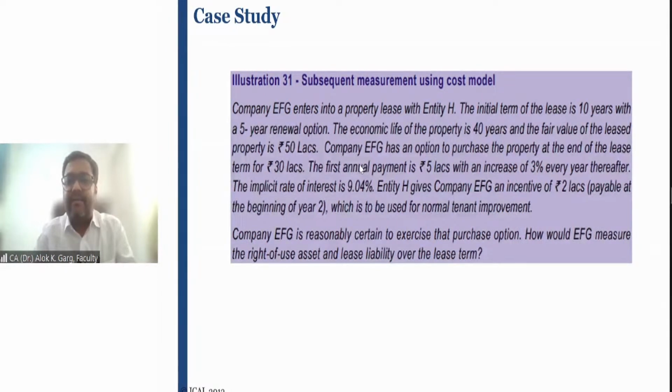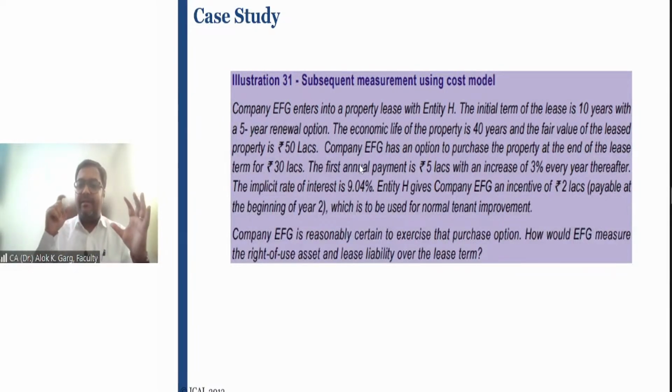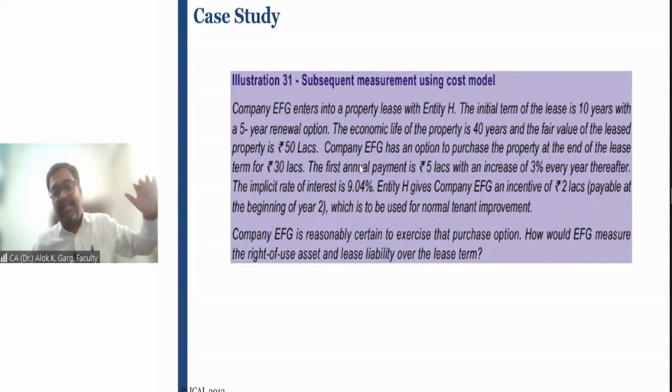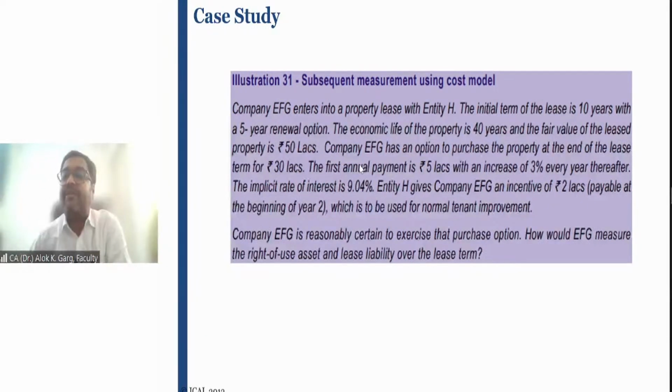It means that the lease payments are also happening at the beginning of the year. So you have to take the inference from the question: since the lease incentive is payable at the beginning of year 2, the lease payments are also happening at the beginning of the year.